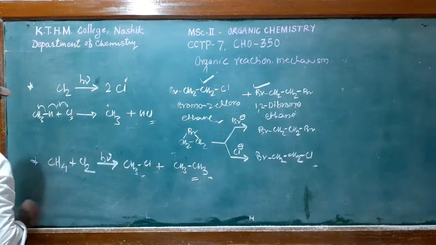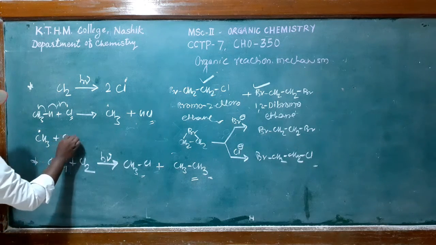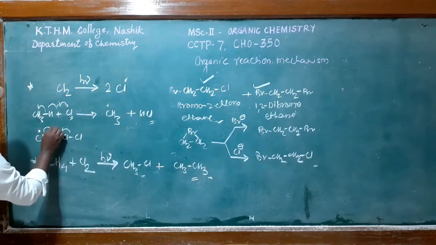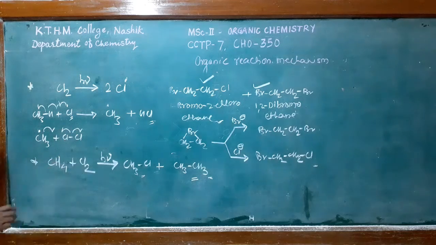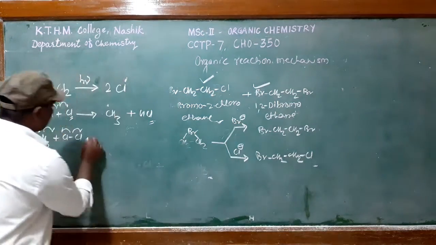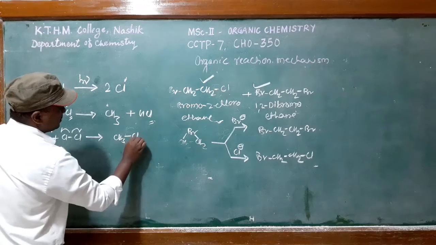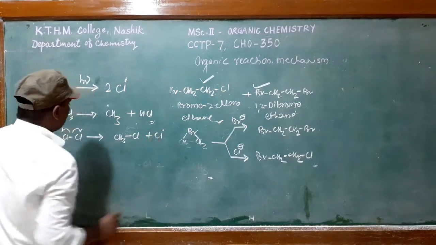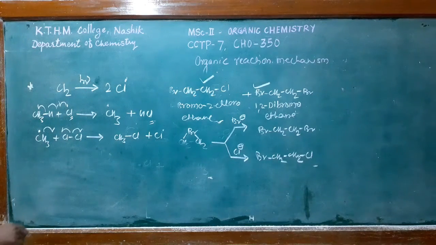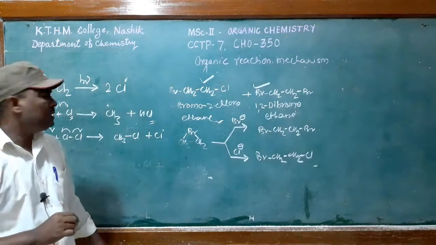This methyl radical subsequently induces the generation of another chlorine radical, and it will lead to the formation of this methyl radical. But there is a possibility, which I have shown here, that this reaction gives ethane also.